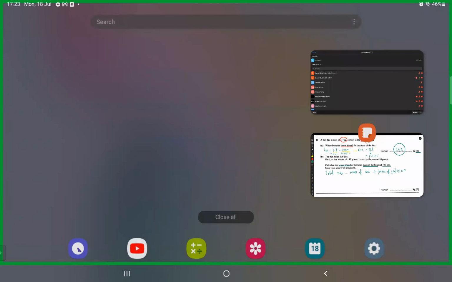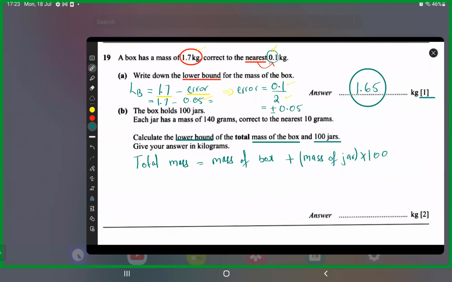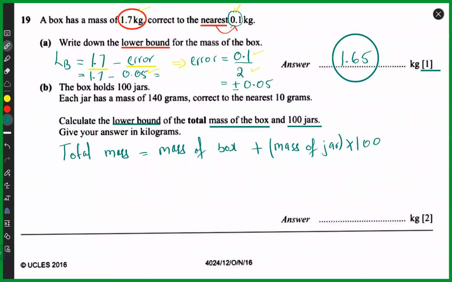Again, the first part for this question was very easy. Things made sense directly. For the second part, now they want you to find the total mass of the box and 100 jars. And again, you need to think about it logically. So total mass would come once we add the mass of box and mass of jar multiplied by 100. If I talk about the lower bound of this quantity, that is the total mass, I need to have the lower bound of this and the lower bound of this.